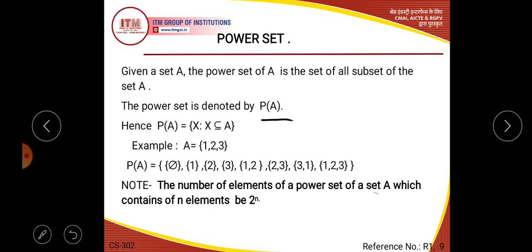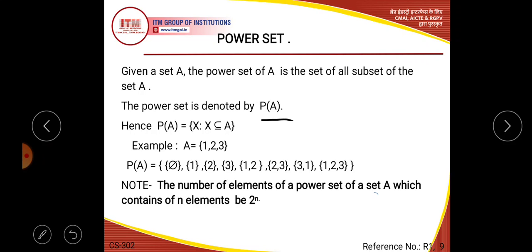Hence, P of A is equal to the set of X such that X is a subset of A. So this is the definition of power set. In simple words, power set is a collection of all the possible subsets of A.